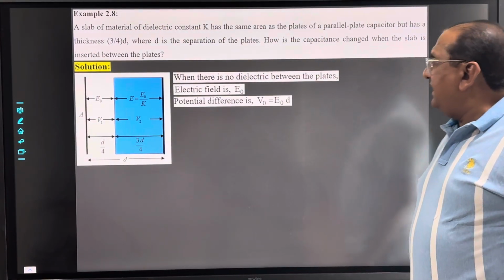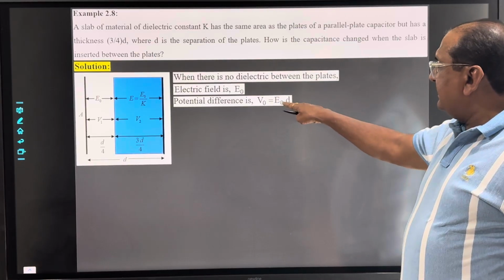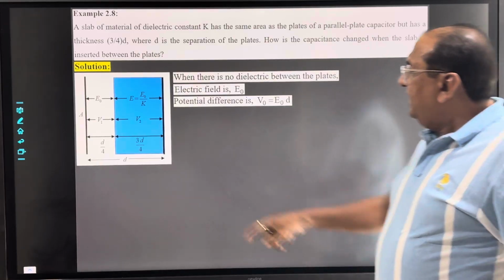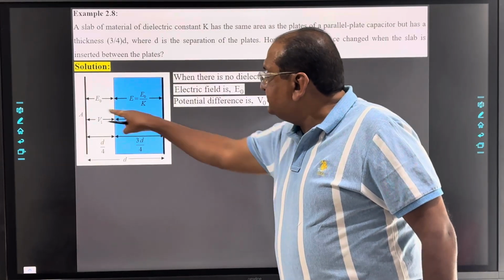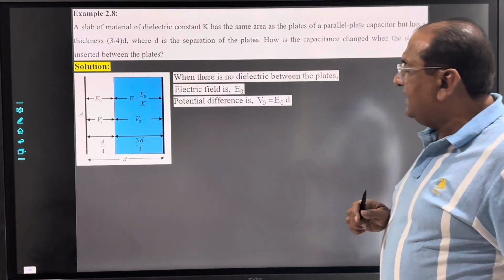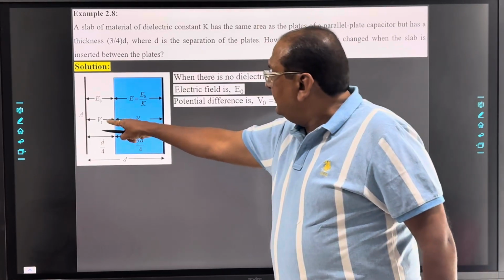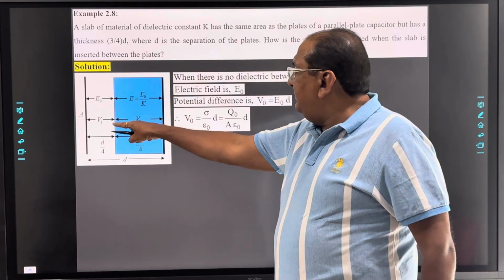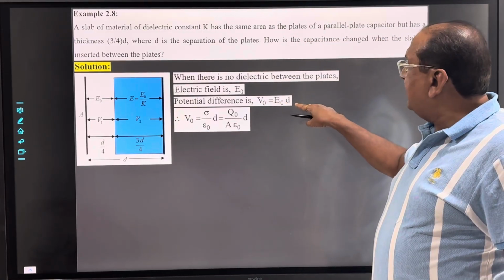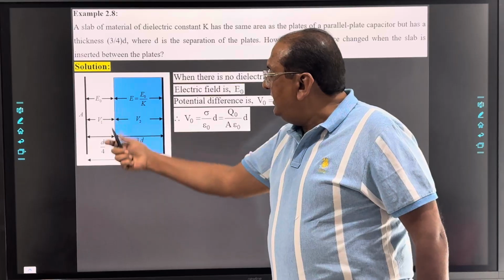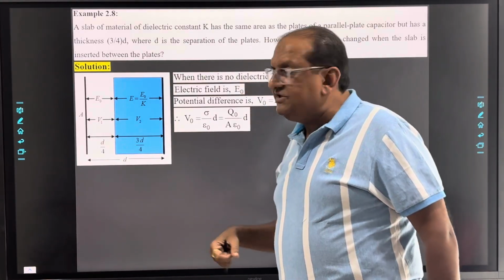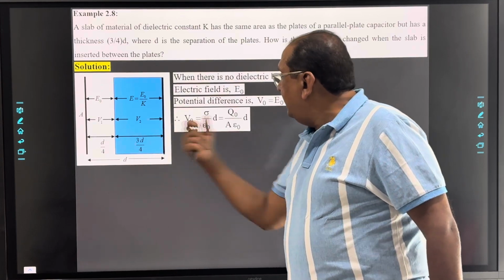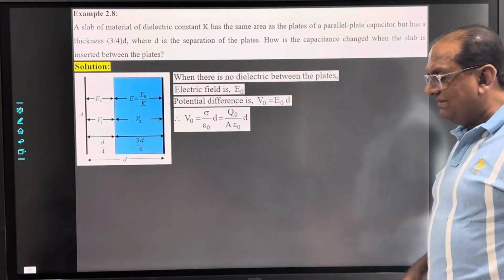Now see here, we can write V0 equal to E0 into D. The resultant potential difference between these two plates of the capacitor we can write as V1 plus V2. Here V1 is the electric field into this particular separation, and here also the potential difference is electric field into this particular separation.